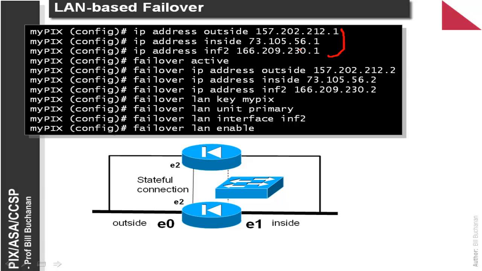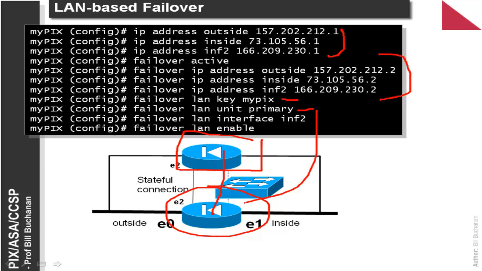These are used to basically connect the device and should be unique. And then we define the failover IP addresses, which should be the IP addresses of the other device. Then we can define a shared key between the two, whether this unit is a primary or a secondary. In this case, this is the primary that we're configuring, and where the LAN interface actually is. In this case, it's INF2, and we enable LAN failover.